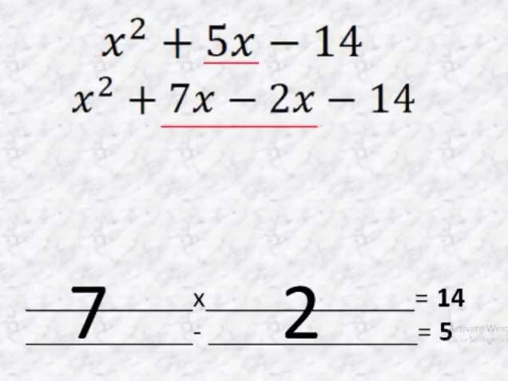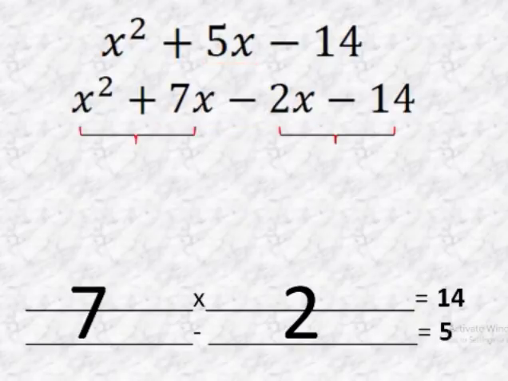So we'll break the middle term into 7 and 2. Here if you note, the signs will be different, because we have to subtract them. So it's plus 7x minus 2x. These four terms can be divided into two pairs. The first one has x as a common factor, the second one has minus 2.